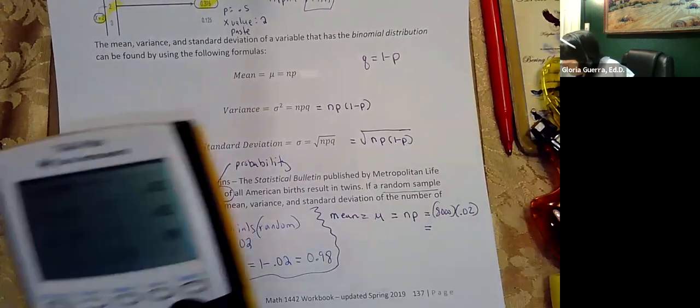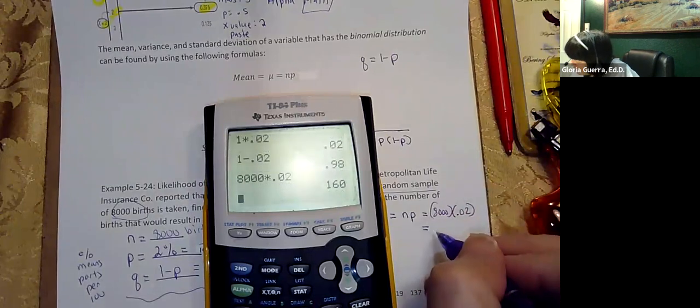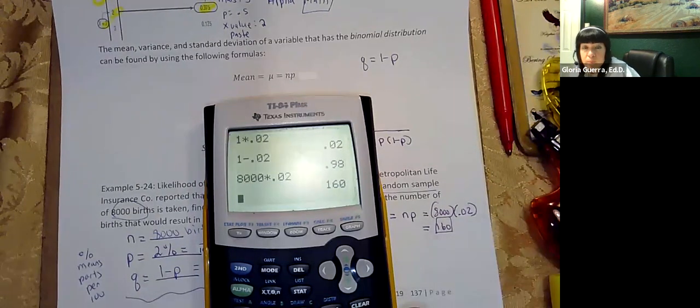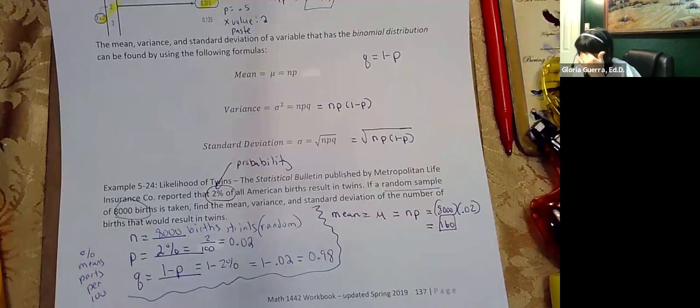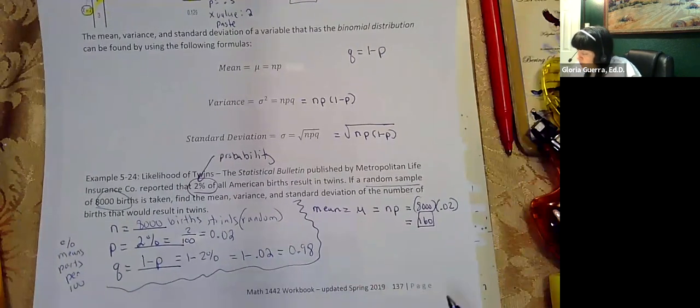So when you do 8,000 times 0.02, that gives you 160. Okay. And this is twin births. So we would put our units in there, but this is not really a unit. This is like twin births. So it'd be fine. I'm not going to put that in there.